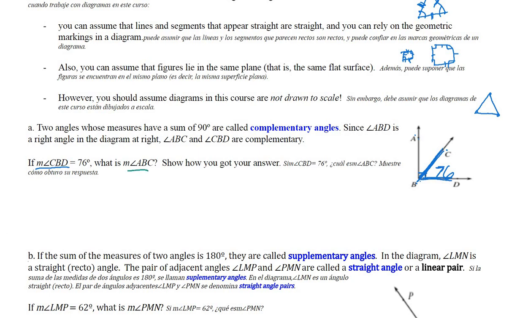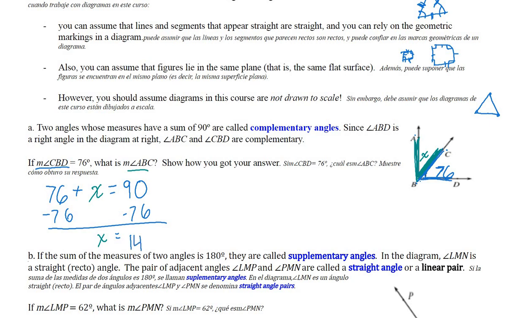Well, let's make ABC green. And I'll call that measure X. And I know that 76 plus X equals 90. Okay, subtract 76 from both sides of this equation. And you end up with the final answer, X equals 14. Therefore, the measure of angle ABC is equal to 14 degrees.